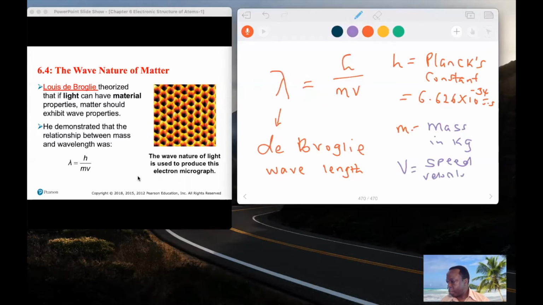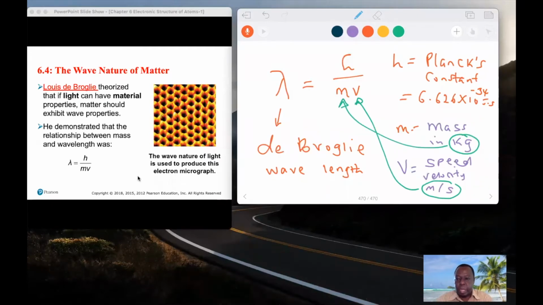Velocity, you'll see this term velocity, and it is in meters per what? Meters per second. I want to circle the units here so that you know which unit you will be dealing with for velocity, and for mass, it's got to be in kilogram.